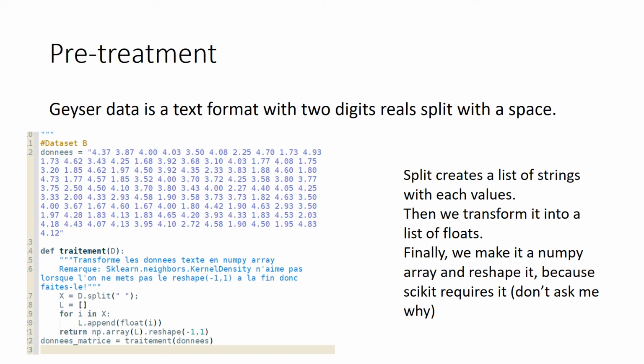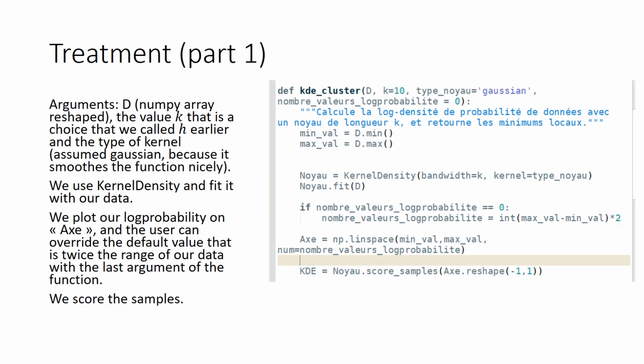Don't ask me why, I just know that you have to do this, else it crashes. I tried to remove it and it didn't work. So do the reshape at the end. So, first part of the treatments, we build an algorithm.